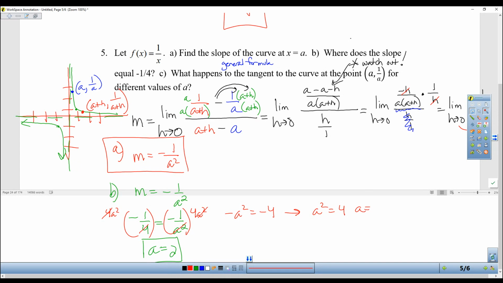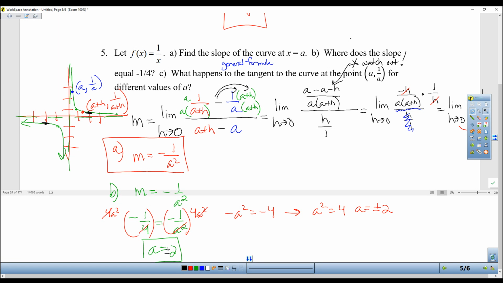A is equal to, maybe it's good that we did that. Look at that, plus or minus 2. All right, so let's look at our graph. Let's think about that. So at 2, the slope is negative 1/4, and at negative 2, the slope is negative 1/4. Look at me, I forgot the plus or minus. Shame on me. So that's the answer to part B.